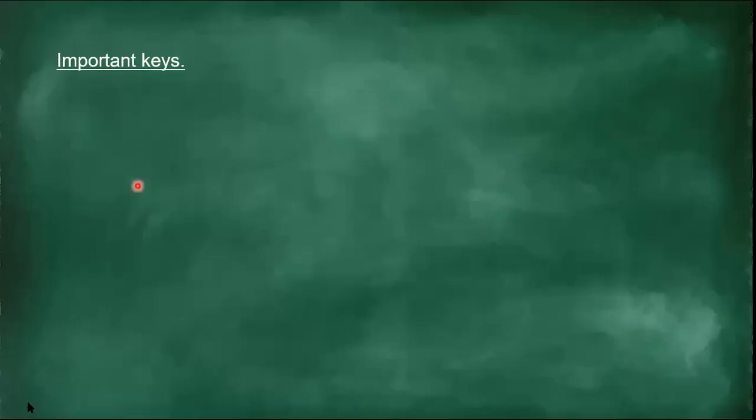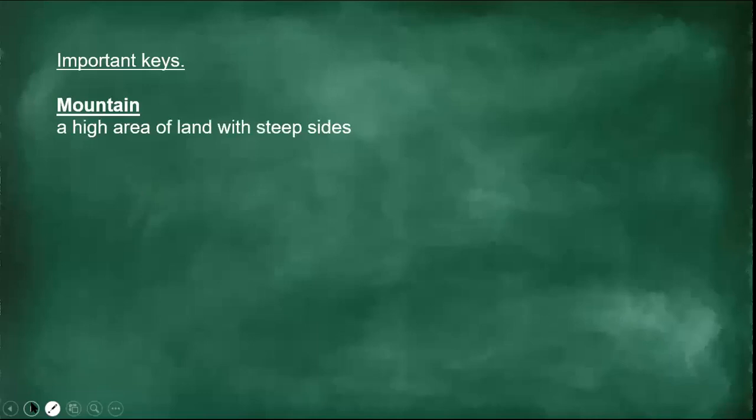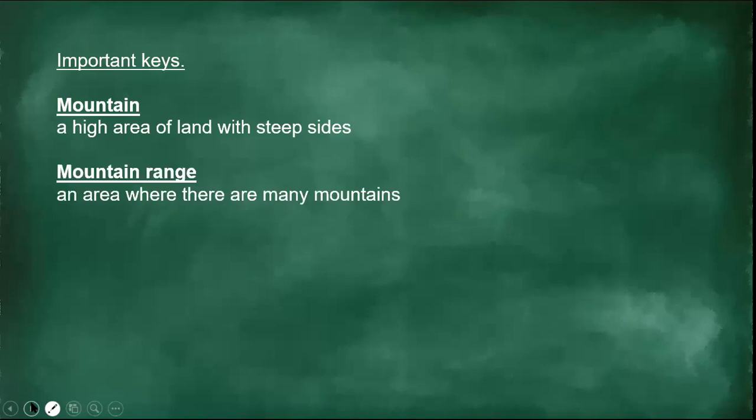So the important keys that we are going to learn about today: number one, a mountain is a high area of land with steep sides, as I have said. A mountain range is an area where there are many mountains close to each other.